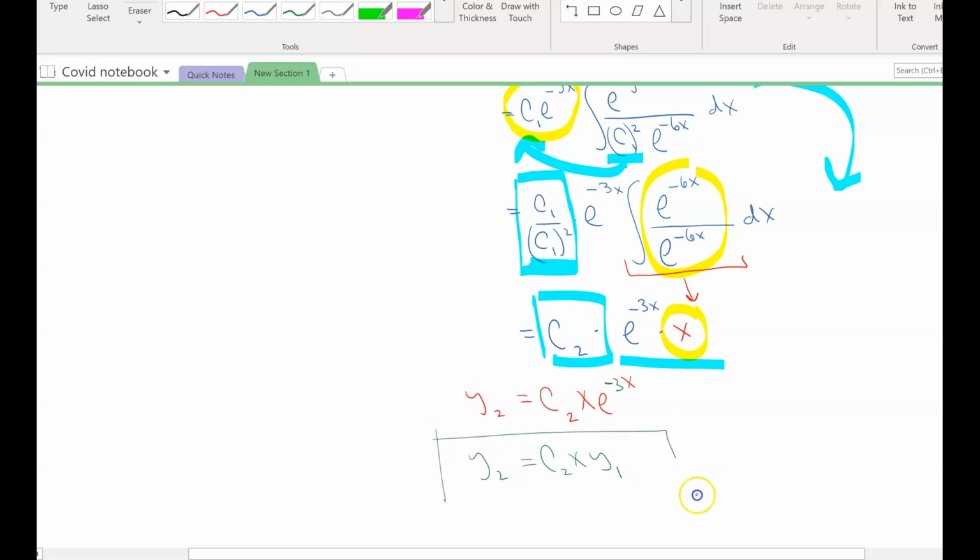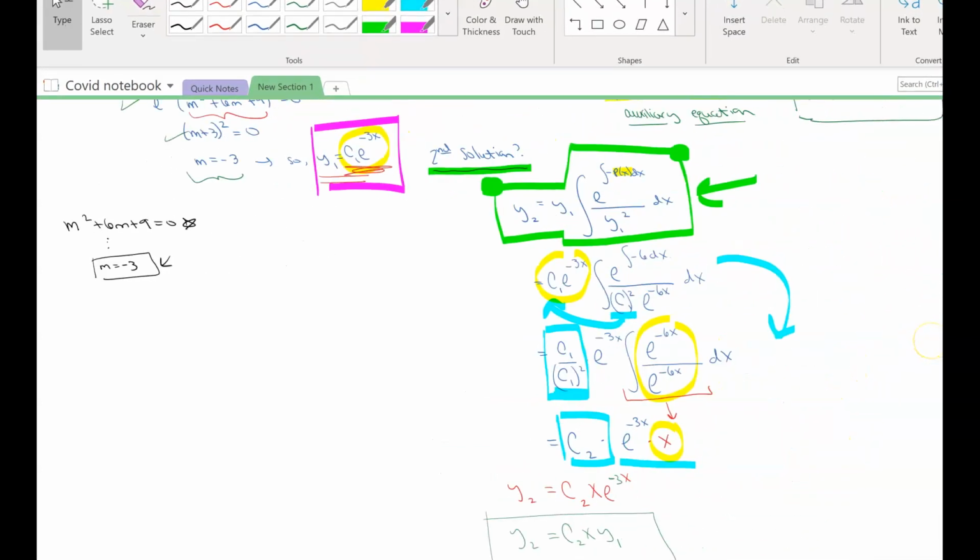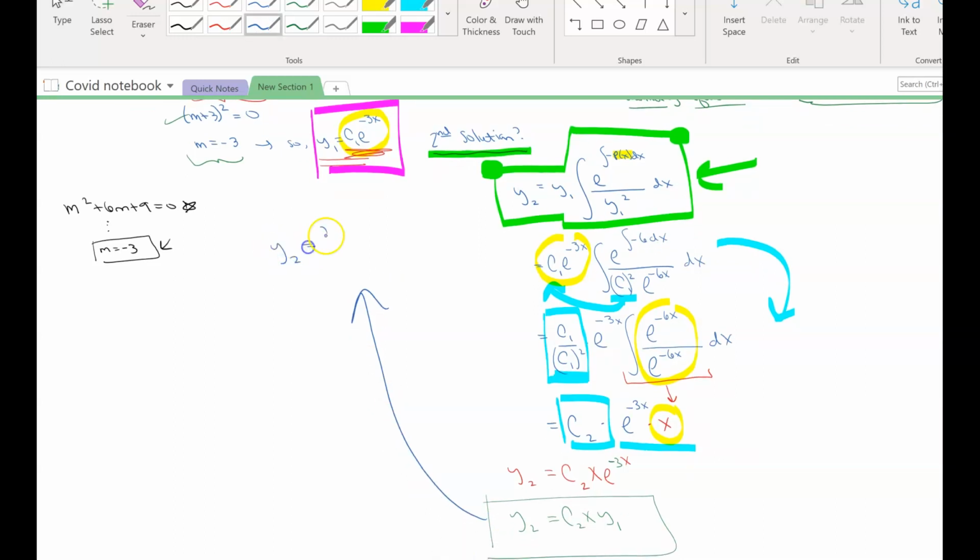And there is my second unique solution. So I'm going to go back over here and say, okay, my second solution is y2 equals c2x e to the negative 3x. What that then allows me to do is state the fundamental general solution.